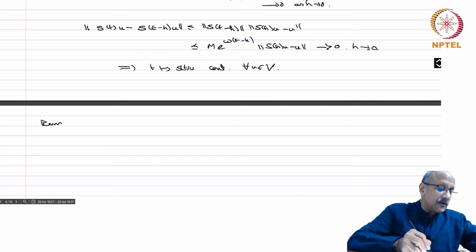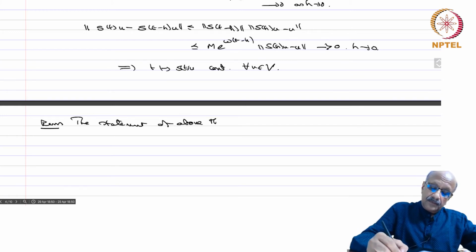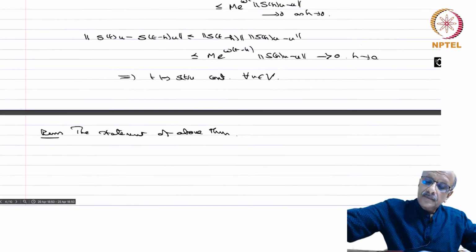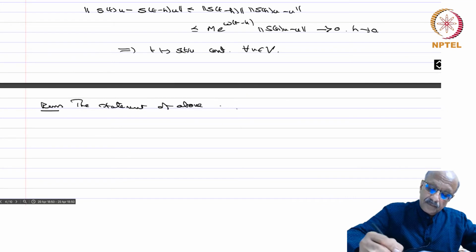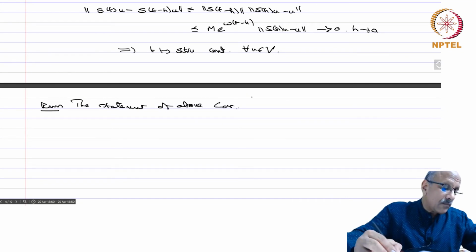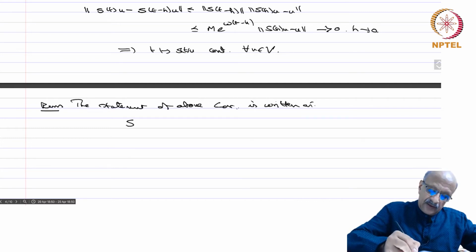So, remark, the statement of the above corollary rather is written as S dot u belongs to C of 0 to infinity with values in V. Okay.